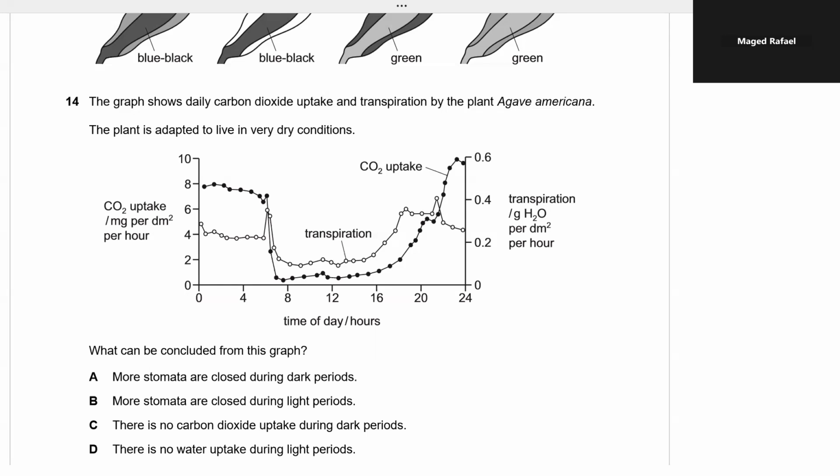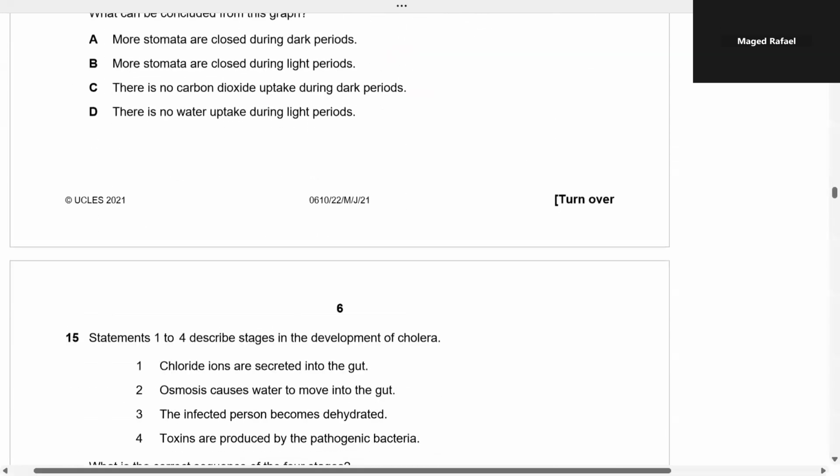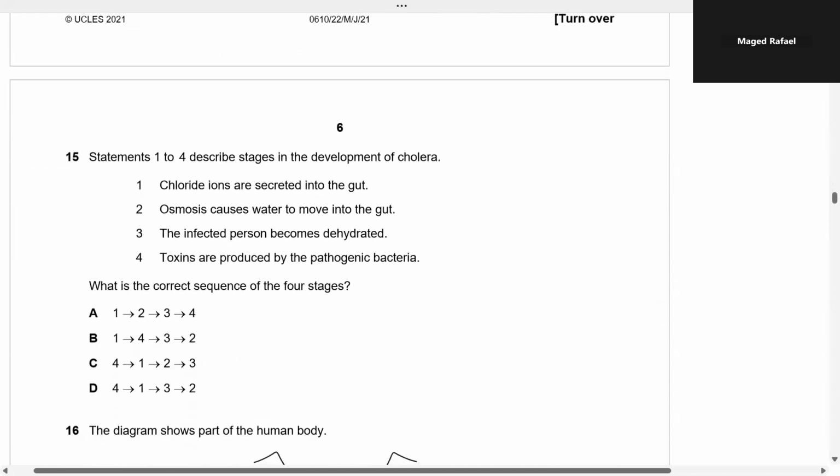So based on these dry conditions and the uptake of carbon dioxide and transpiration, the only conclusion that we can find is that more stomata are closed during the light periods. So during light periods, we have closed stomata, and it's obvious because of the amount of carbon dioxide uptake. Let's go to question 15.